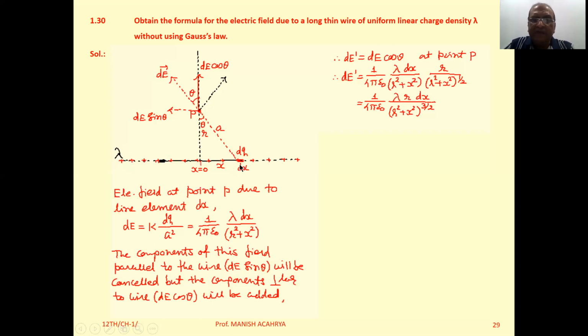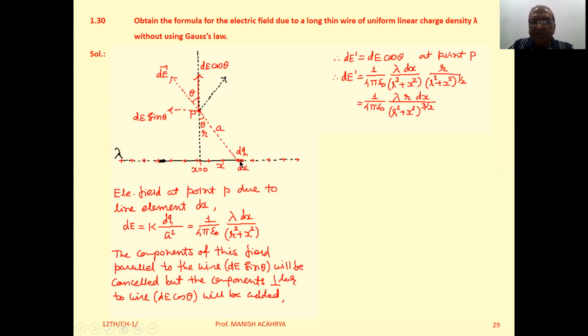Then electric field due to charge dq, which we can consider now point like charge because this element is infinitesimal small. So dE, that is k dq upon a square. So 1 upon 4 pi epsilon 0 into dq.